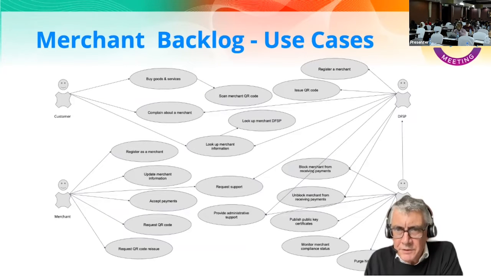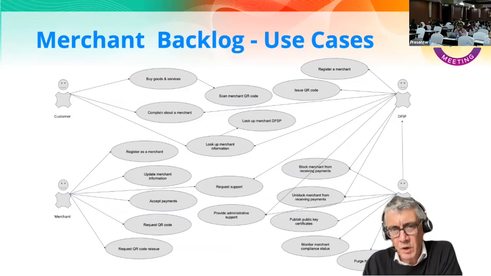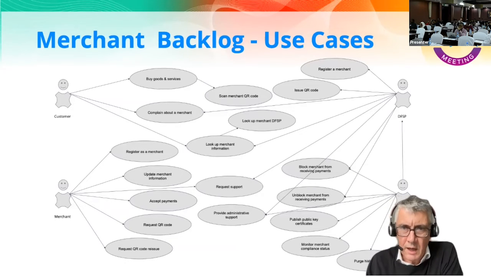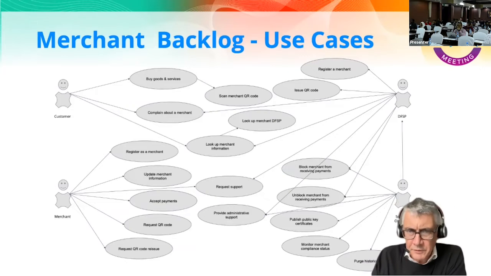A DFSP might have to issue QR codes because we're assuming that a hub itself is not going to, or a scheme itself, it's not cost effective for them to do it for small merchants. So we assume that DFSPs can issue QR codes to their merchants after registering a merchant. There's a whole load of use cases for merchants as well. And there's a whole load of use cases for, what's that one? Scheme operators. Yep.